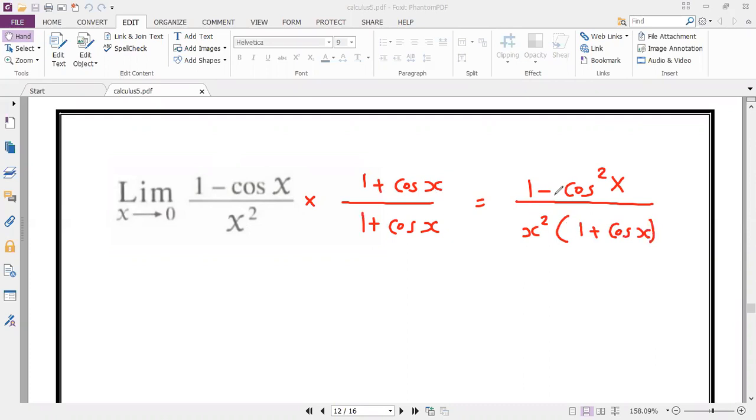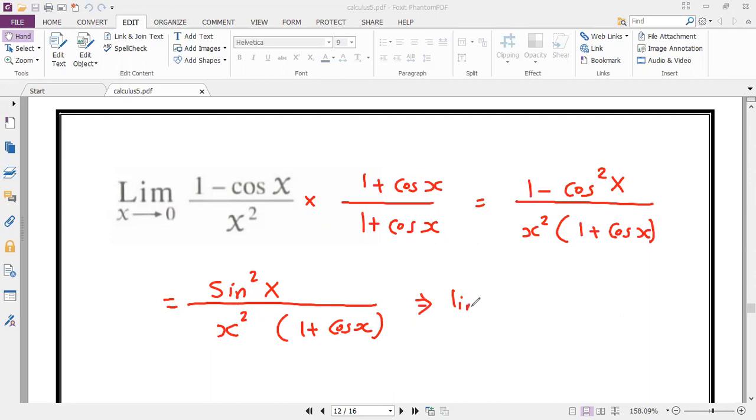And you know that 1 minus cosine squared x from the previous examples is going to be sine squared x, all divided by x squared multiplied by 1 plus cosine x. We can write it as two limits: the limit of sine squared x divided by x squared, multiplied by the limit of 1 over 1 plus cosine x.